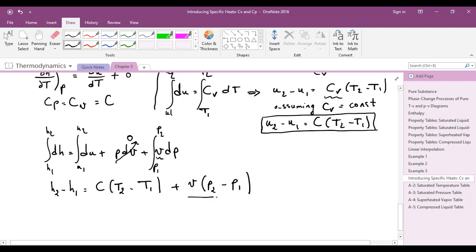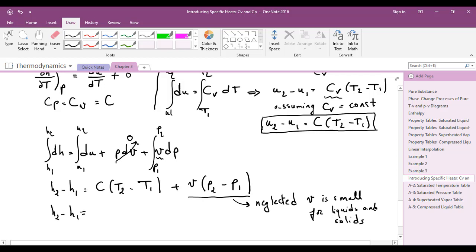Mainly this last term can also be neglected, since the specific volume is small for liquids and solids, and we can say also H2 minus H1 is C times T2 minus T1.